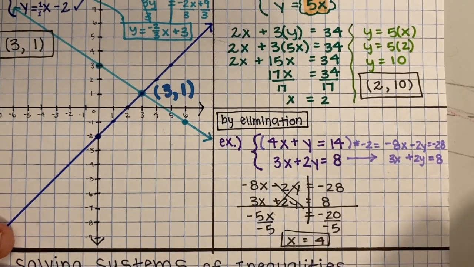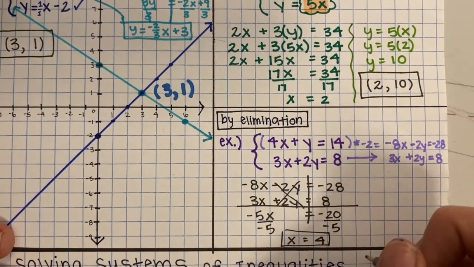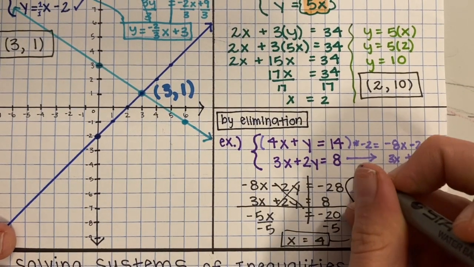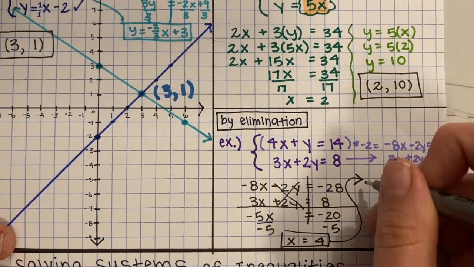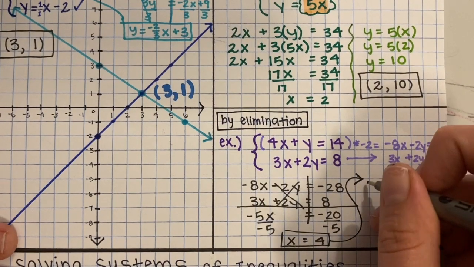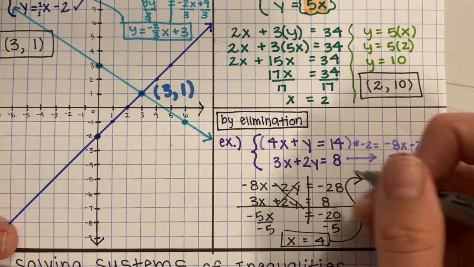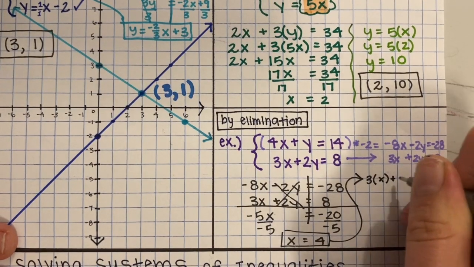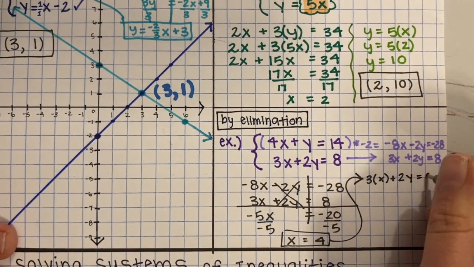That's not my answer. Sorry, I boxed it. We need to now plug in and solve for y because it's still a system, so we still need a coordinate. So if x equals 4, I can choose either of my equations and plug in for our x and solve for y.